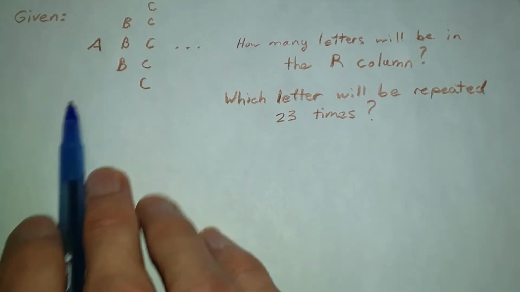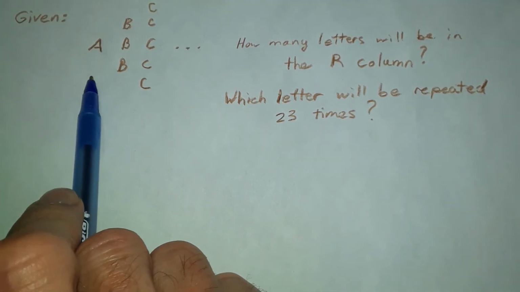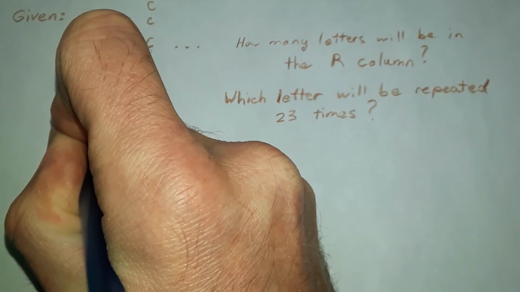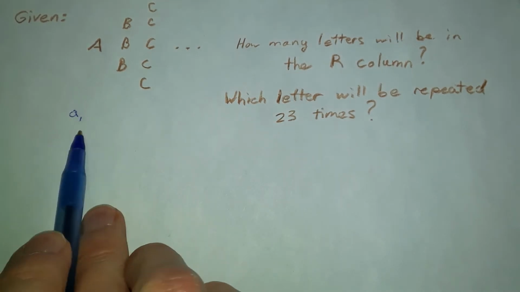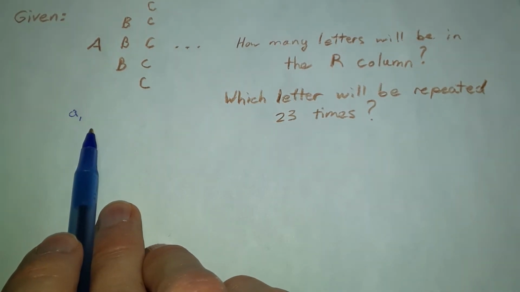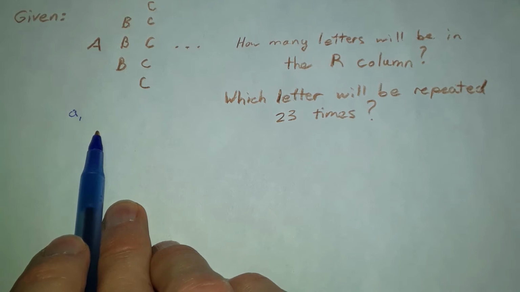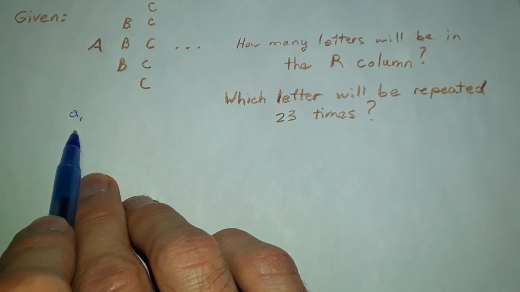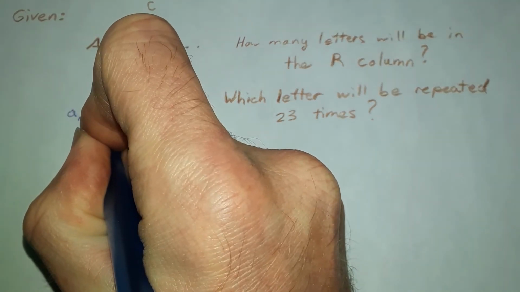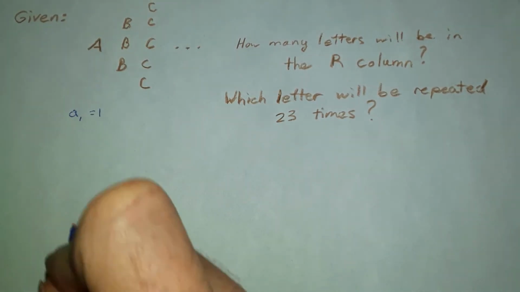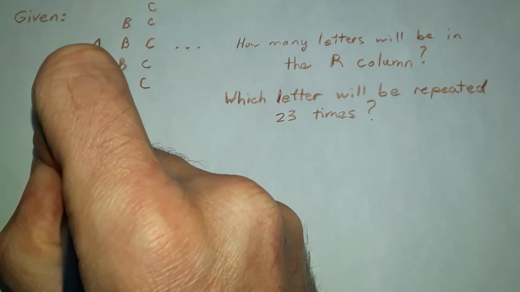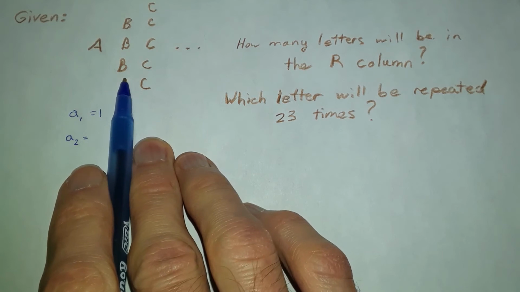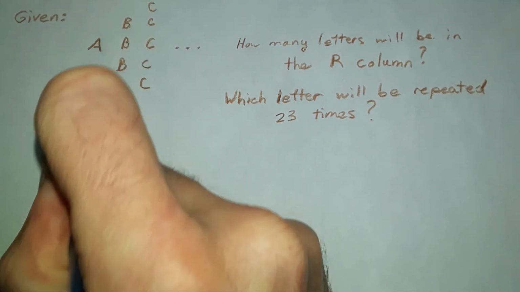So I want to look at in this column, I'm going to designate these with a subscript notation, and I'm going to create what I'm anticipating is an arithmetic sequence. So in my first column, I have 1 term. In my second column of the alphabet, I have 3 terms.